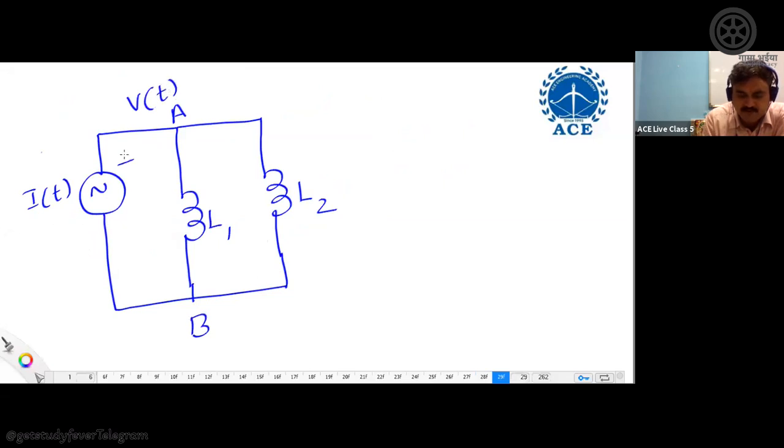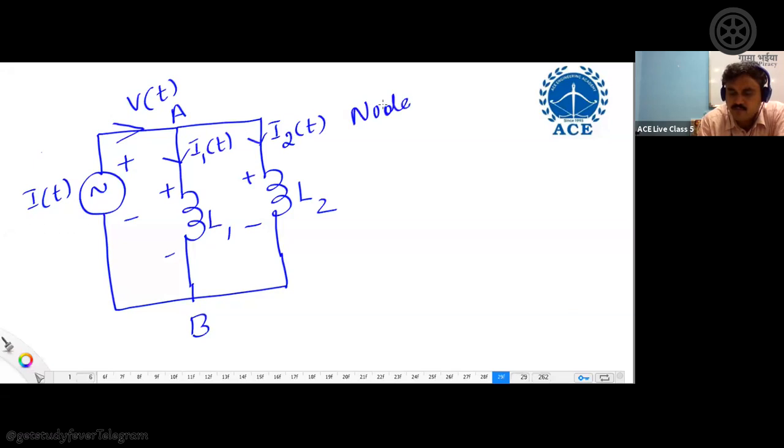That means we are saying this as plus minus, this is also plus minus, and this is also plus minus. That's all. All these three branches are connected in parallel. Now let the current flowing on this branch be I1 of t, and let the current flowing on the second inductive branch be I2 of t. Currents will get divided. So this is the current that is coming towards the node. So what is the nodal equation, or KCL, at node A?